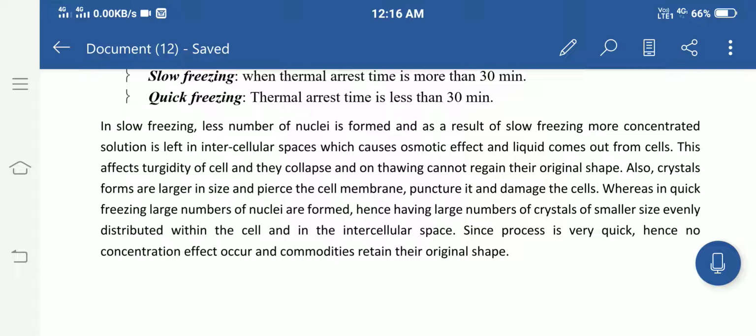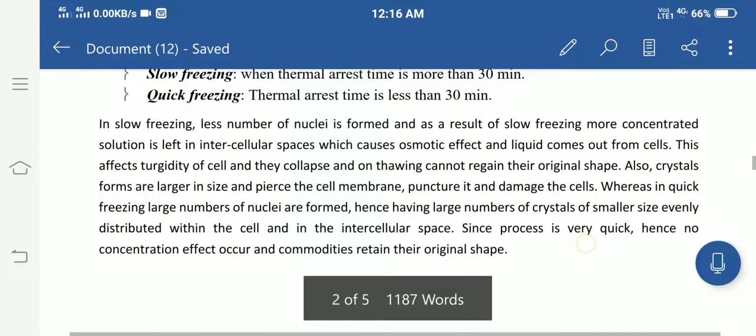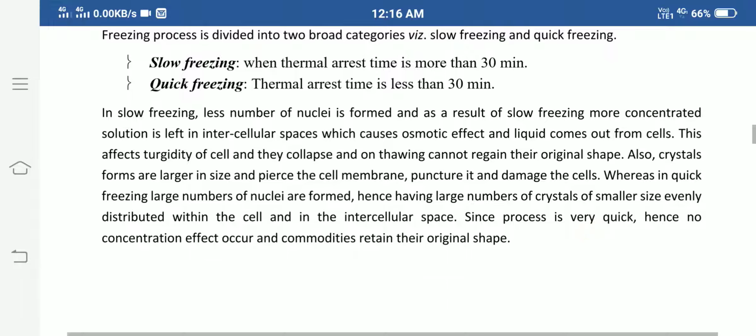The turgidity of the cell is, in general terms, the capacity of a cell to hold its water content. So the capacity of the cell to hold water lowers when large ice crystals are there.